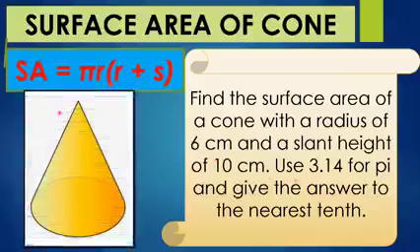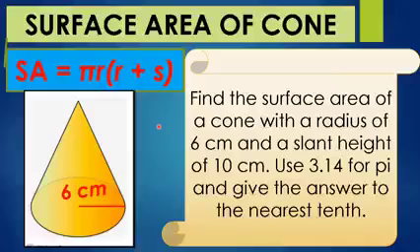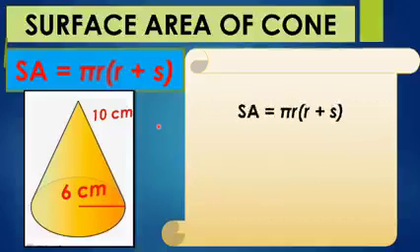By illustration, again, gagamit tayo ng 3.14 for the value of pi. For our radius, that is equivalent to 6 centimeters, and slant height is equal to 10 centimeters. So these are measurements, okay, na gagamitin natin to solve for the surface area of a cone. So given the formula, we have SA is equal to pi r times the sum of r and s.